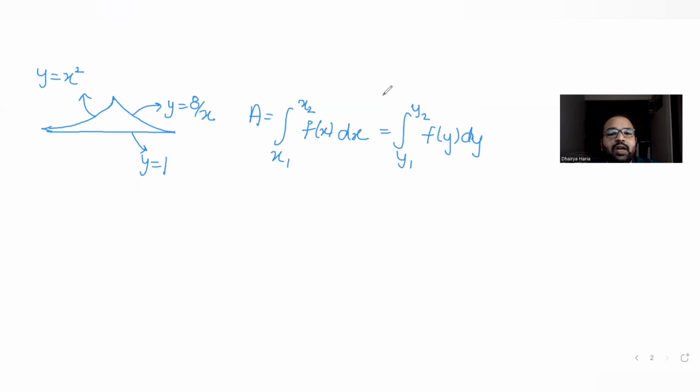So first of all, let's understand that. Here, if I take a horizontal strip, this horizontal strip only goes from this parabola to this rectangular hyperbola, right? So the entire horizontal strip is valid for the area of the entire region which is asked.